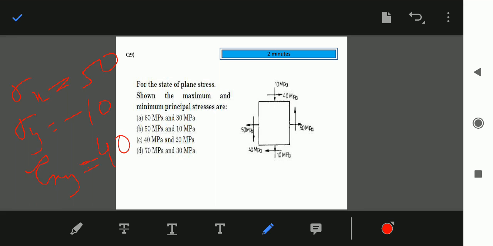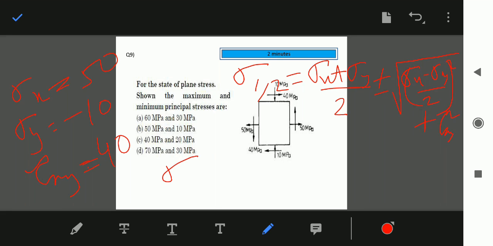And sigma 1 comma 2 is given as sigma x plus sigma y upon 2 plus minus root under sigma x minus sigma y upon 2 whole square plus tau xy square.